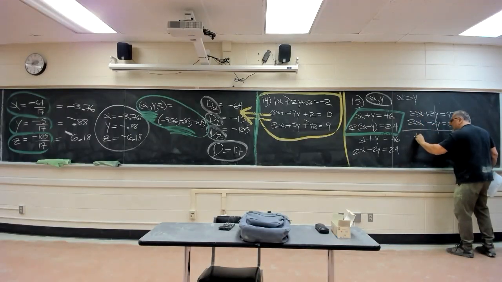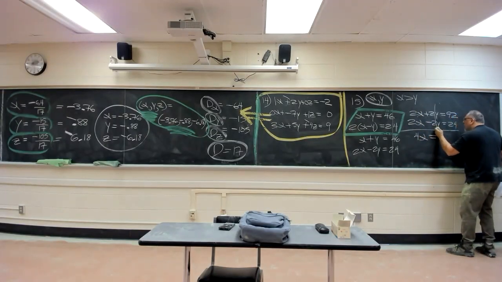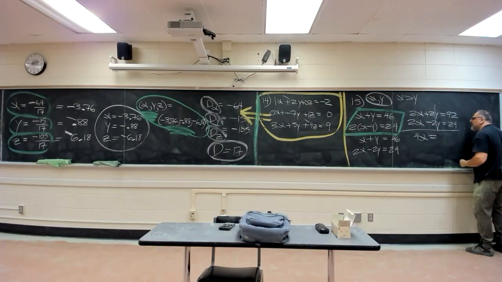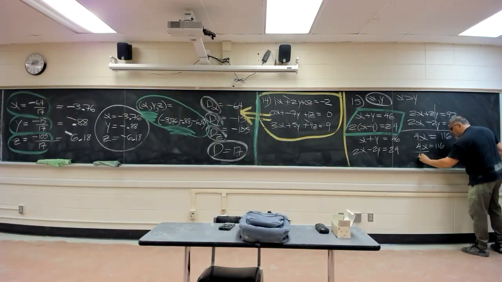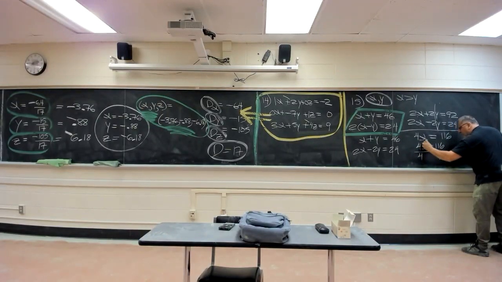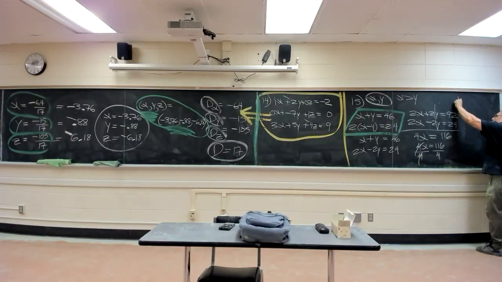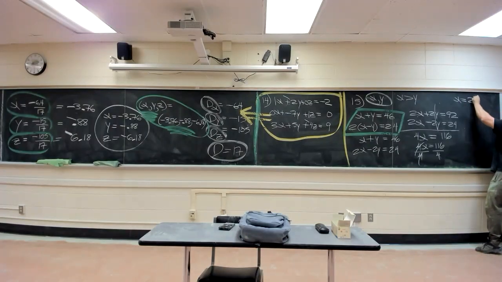I get 4x equals 116. Divide by 4 on each side. 4 goes into 116 29 times.